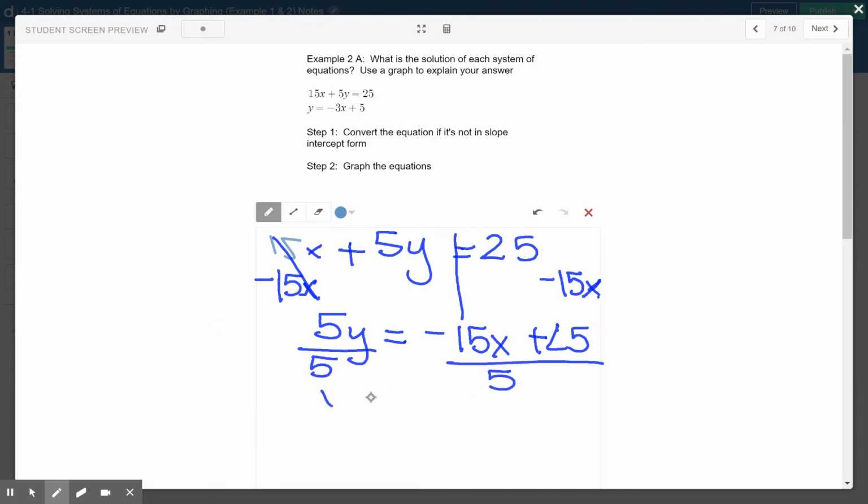So then I have y equals negative 3x, because negative 15 divided by 5 is negative 3. And then 25 divided by 5 gets you 5. Now that's our first equation that we're going to graph.